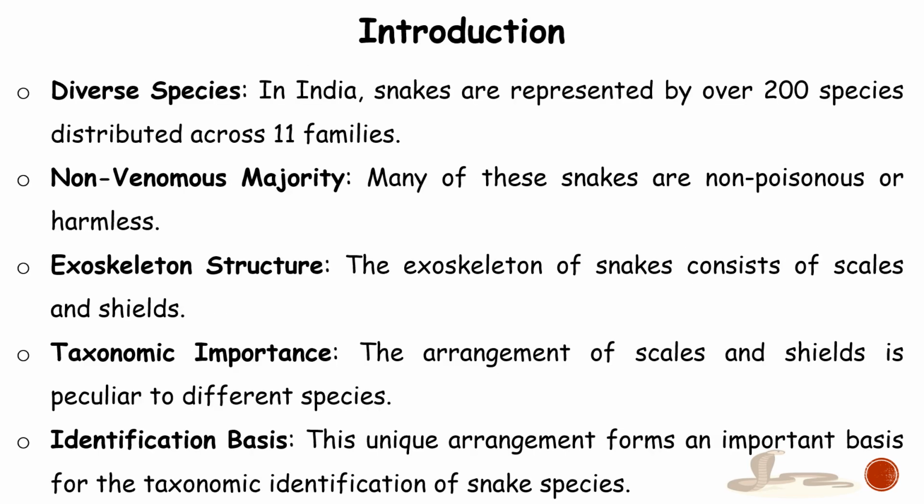Introduction. In India, in our country, snakes are represented by more than 200 species, which are distributed across 11 different families. Many of these snakes are non-poisonous and completely harmless.